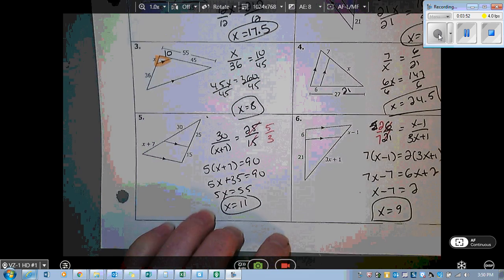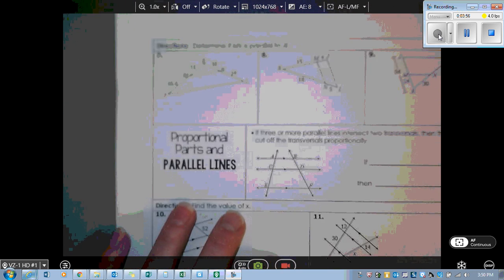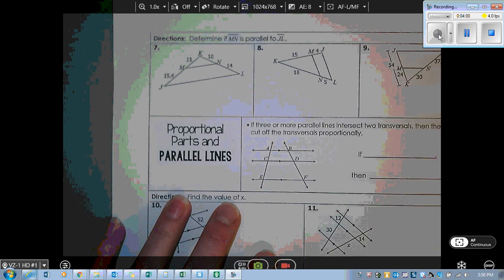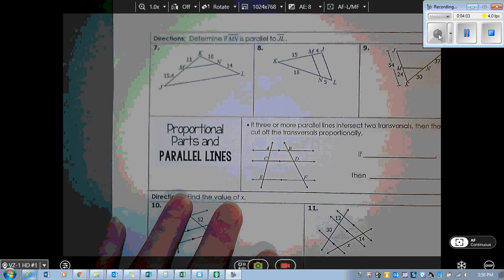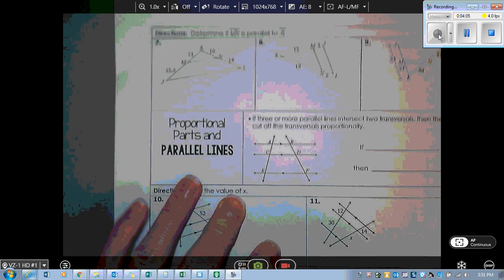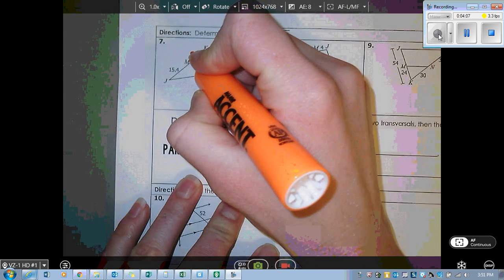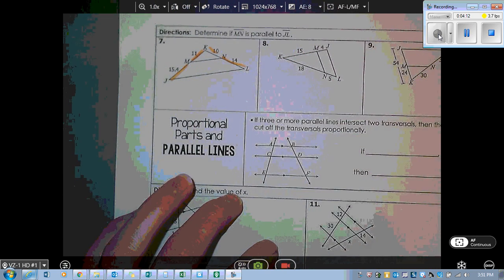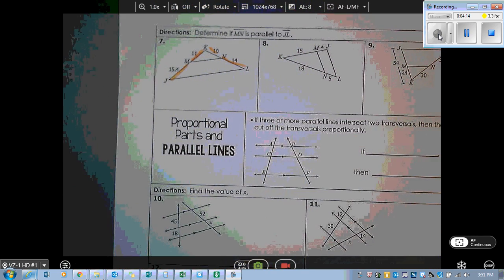Alright, so now we want to determine if MN is parallel to JL. So again, we know that if our two ratios of segments are proportional, then we know that the lines are parallel.